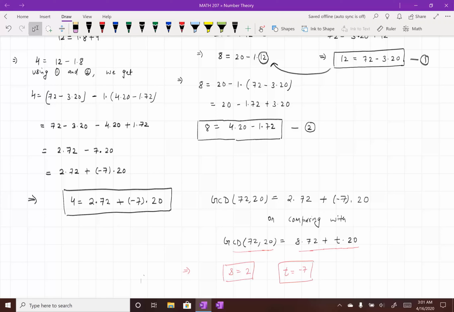Okay, so in the extended Euclidean algorithm, where we are supposed to represent the GCD as a linear combination of two positive integers, we need to perform this procedure in 2 steps.